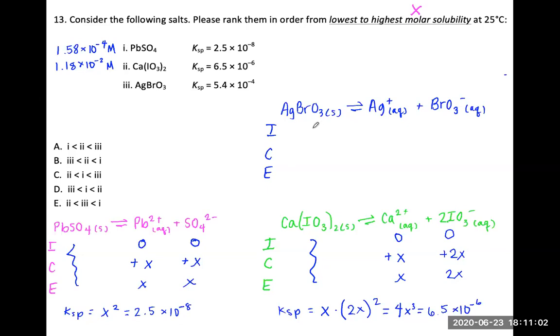Okay, so finally we have the silver compound. Go ahead and ignore the solid. 0, 0, plus X, X, X. So our KSP is going to be equal just to X from the silver times X from the other ion, X squared.